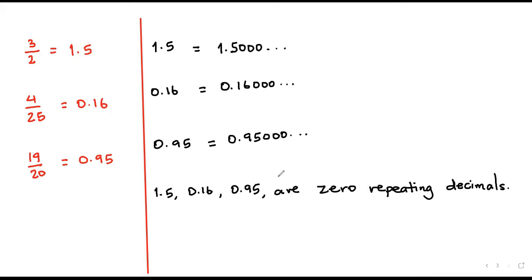So that's why we call them zero repeating decimals. If you don't want to call them zero repeating decimals, you can say zero recurring decimals. Zero recurring decimals. You understand that?